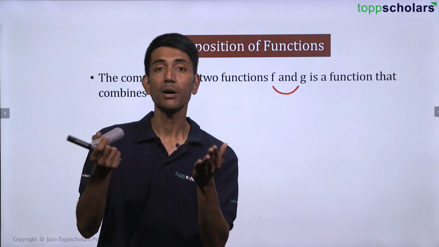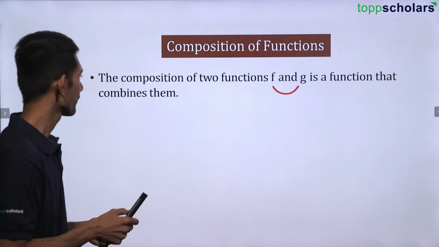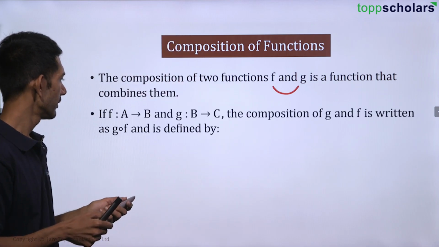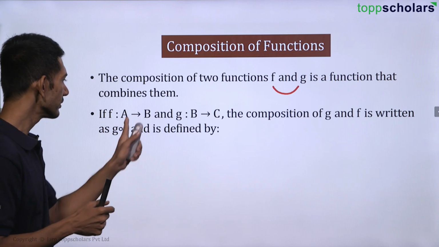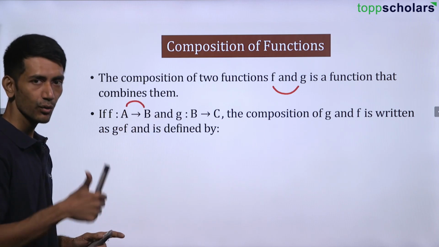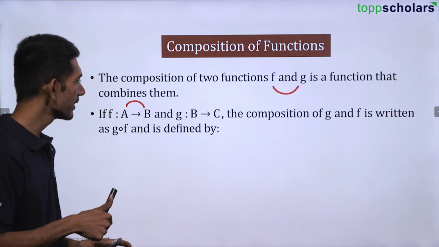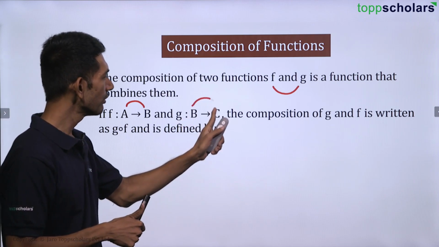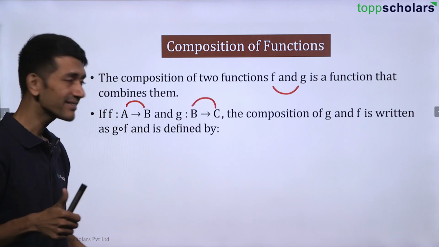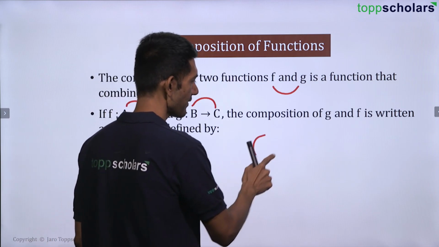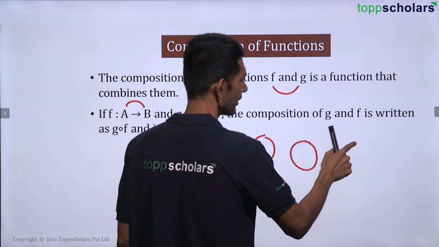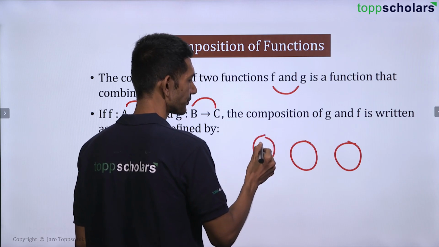Let us see how we combine f and g together. So f is a function from A to B. We have set A, we have set B, and g is a function from B to C. So total how many sets are there? 3. We have A, B, C, right?